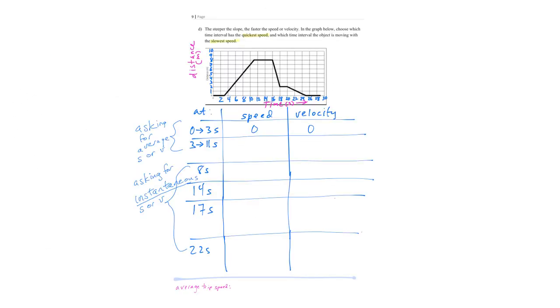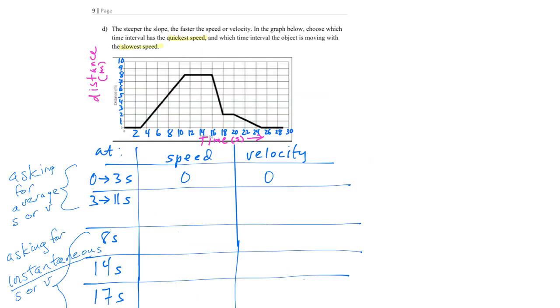Okay, so here's a distance versus time graph again. Where is he moving the quickest? Okay, that would be in this section between 16 and 18 seconds. So the quickest speed is during time 16 to time 18 seconds.